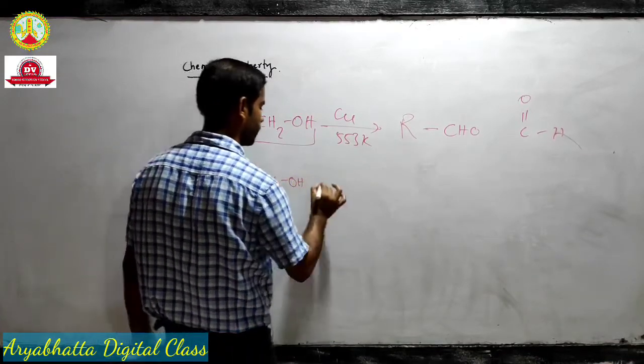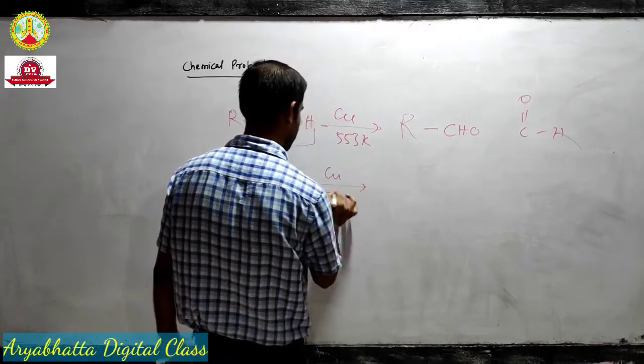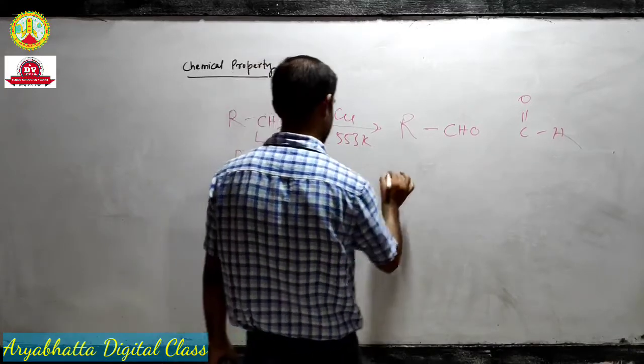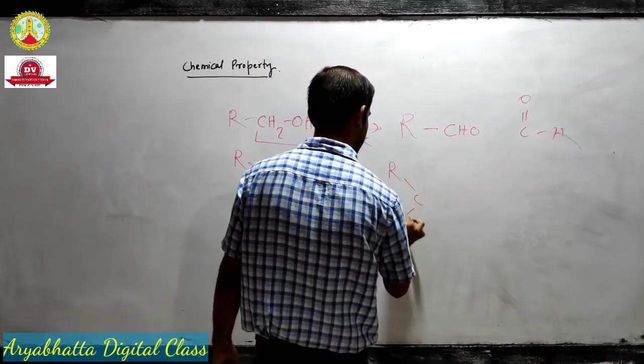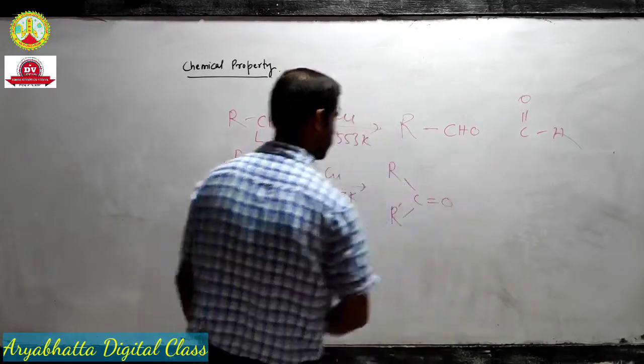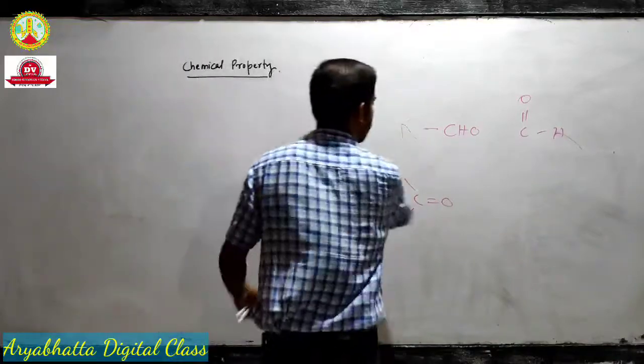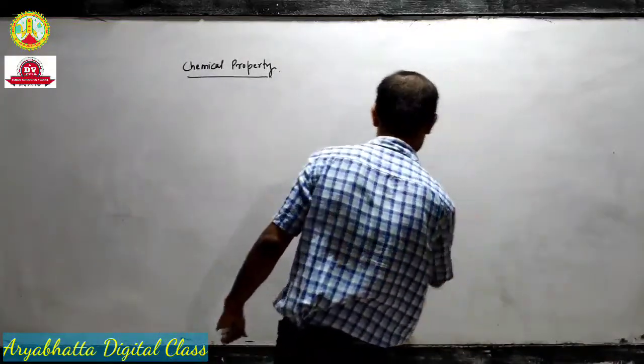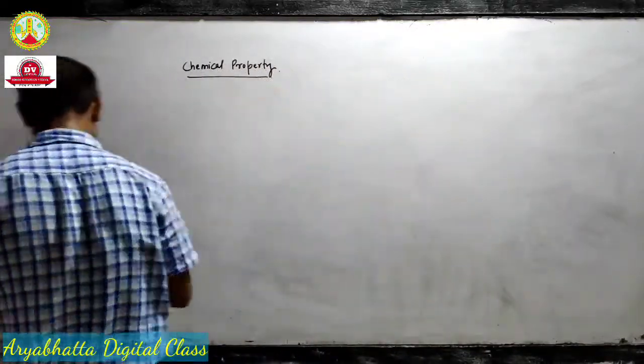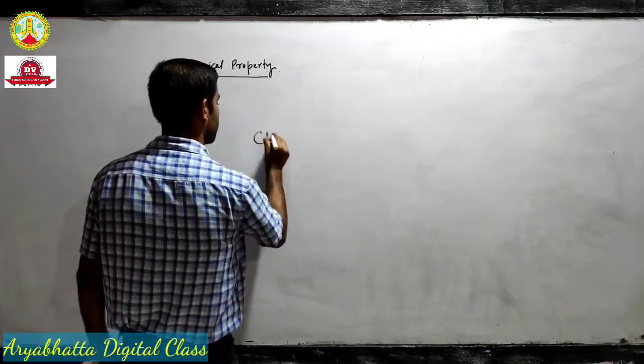alcohol, copper, I will get ketone. Okay, and if I take a 3-degree alcohol, so let's take an example of 3-degree alcohol.